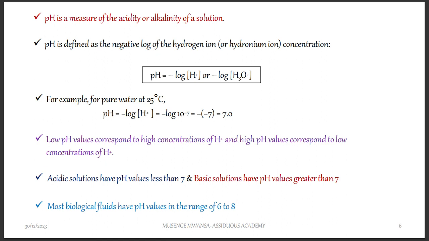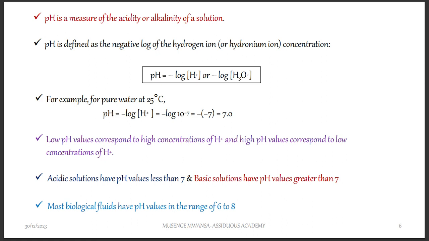When we say low, we are referring to a pH scale from 1 up to 14. Let's say you have a pH of 2 and a pH of 4. A pH of 2 is very low, and a low pH means that the compound is very, very acidic.